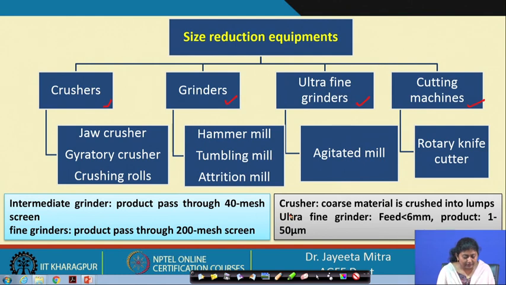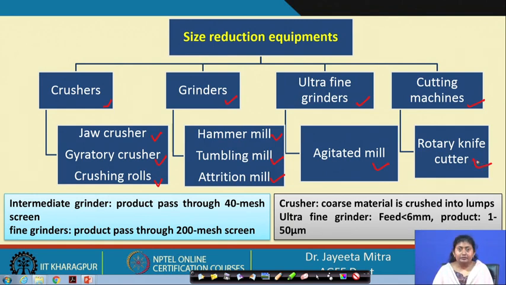In the crushers, we can get again different kinds of crushers, which is jaw crusher, then gyratory crusher, crushing rolls. Then we have different grinders such as hammer mill, then tumbling mill, attrition mill. In the ultra fine grinders, we have agitated mills, and in the cutting machines we have rotary knife cutter.